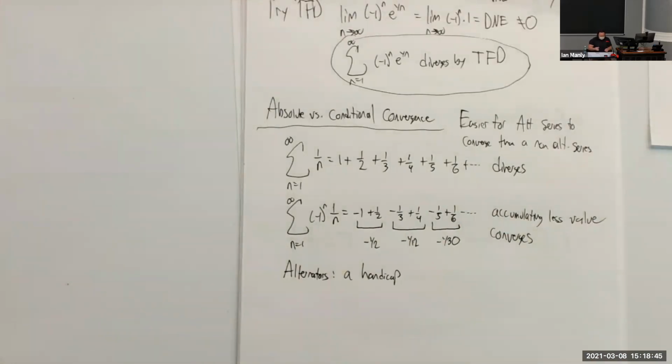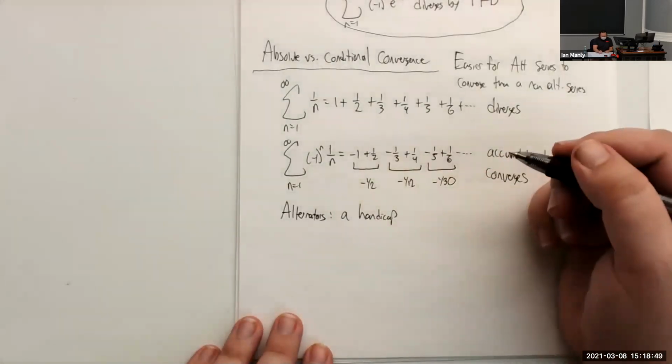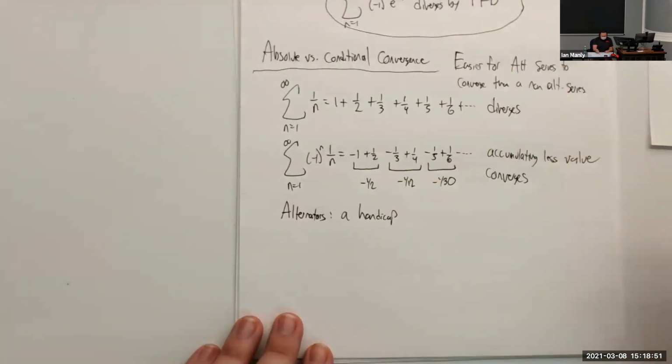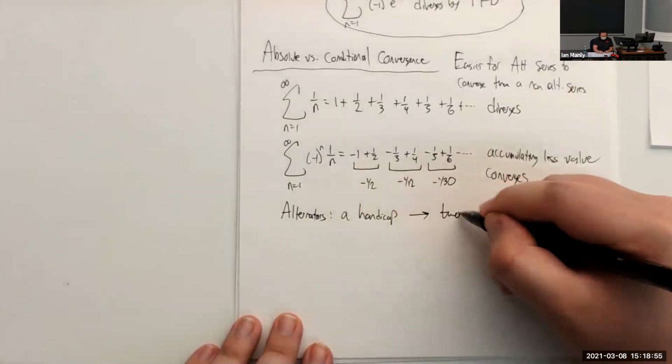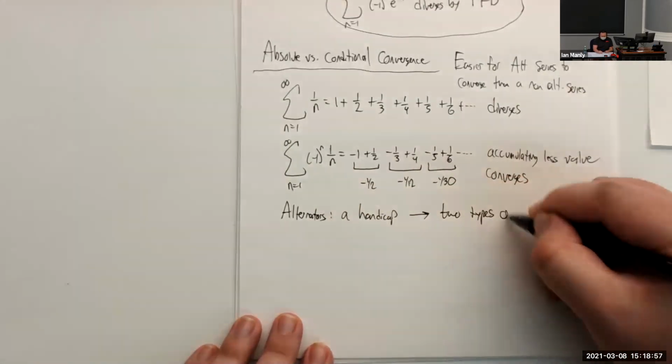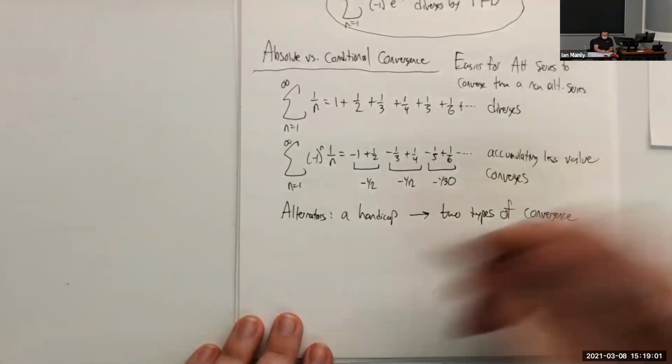So here's my analogy for this. Actually, let me proceed a little further before I talk about that. This is going to give us two types of convergence.